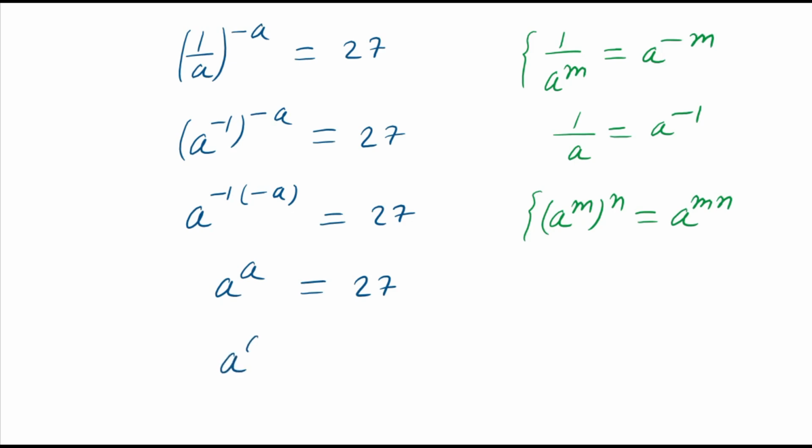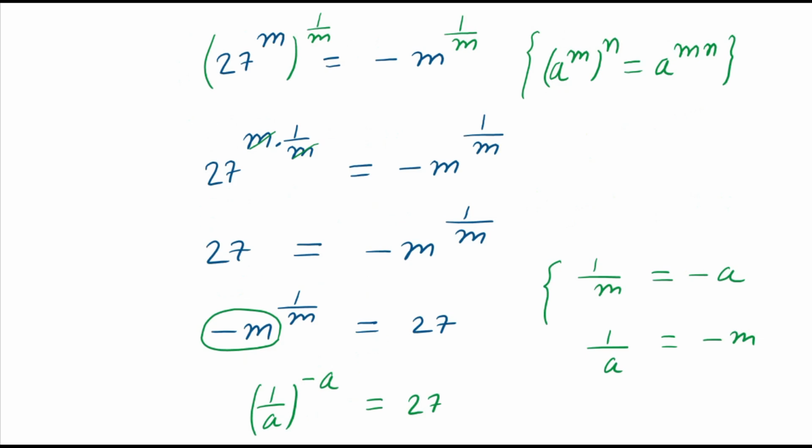a^a = 27, and 27 is 3^3. If we compare both sides, then you can say a = 3. Here the value of a is 3, and 1/m = -a, and we know that the value of a is 3.